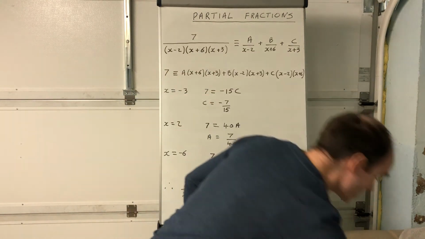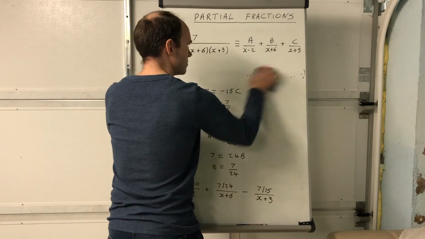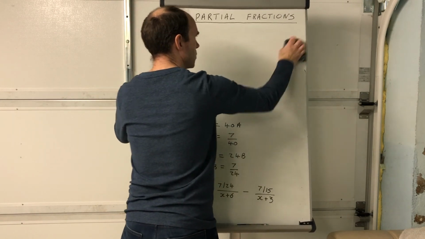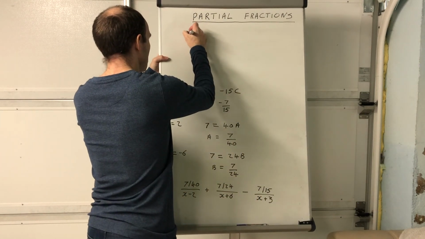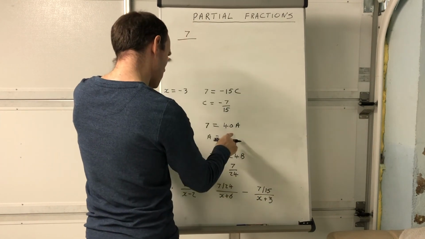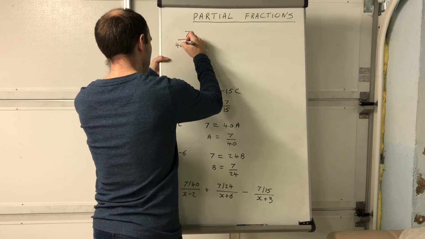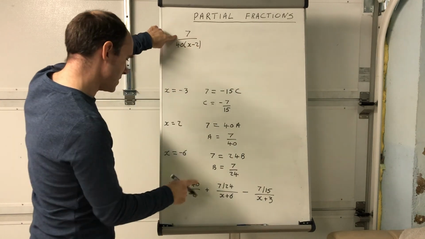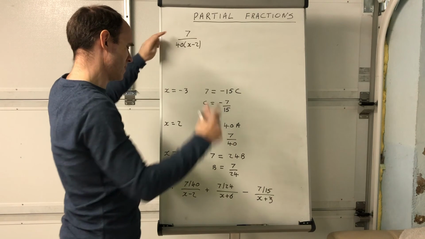If you wanted to write it more neatly as a fraction, let me just mark these off and put it up here. If you wanted to write the answer more neatly as a fraction, this is what you would do. You'd keep the numerator as 7, but then the 40ths for that, you just include that in the denominator and write it like this. I'm hoping you can see that that term is exactly the same as that term, except that's how it should properly be written as a fraction.